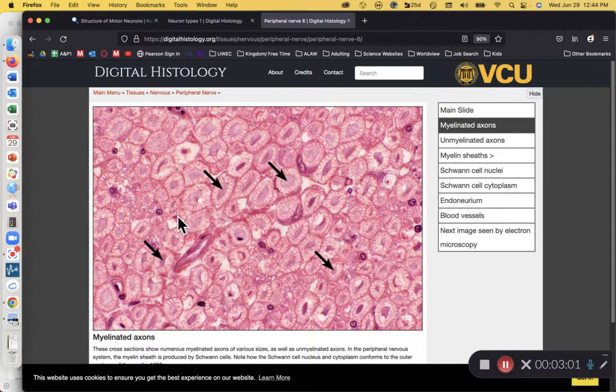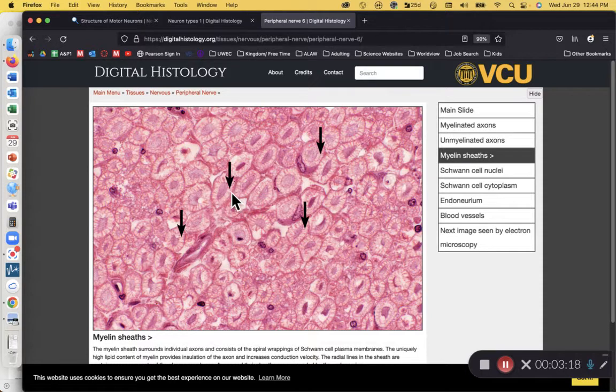Here are the myelinated axons, and we call these axons myelinated because you can see this white substance going around the periwinkle or lavender axon. So in purple here we have the axon, and then the myelin goes around that axon. Those myelinated axons in this image are quite large.